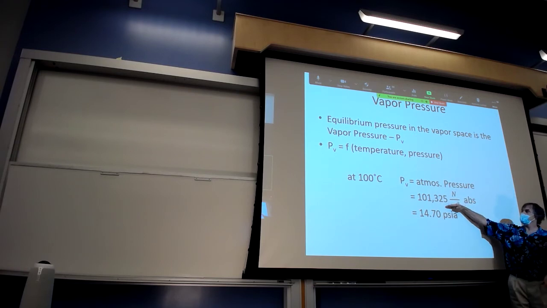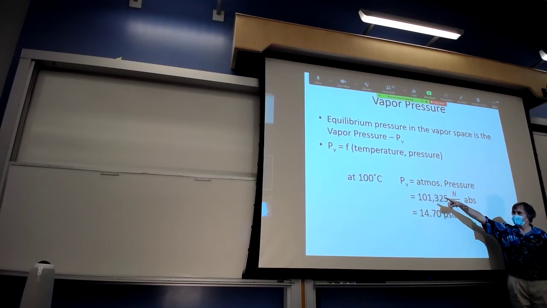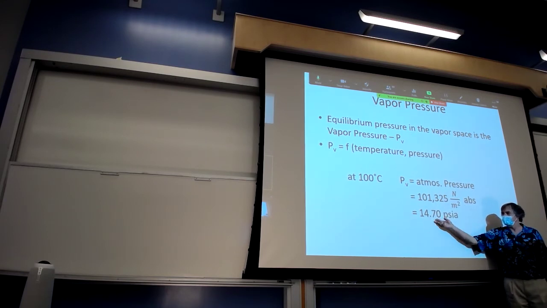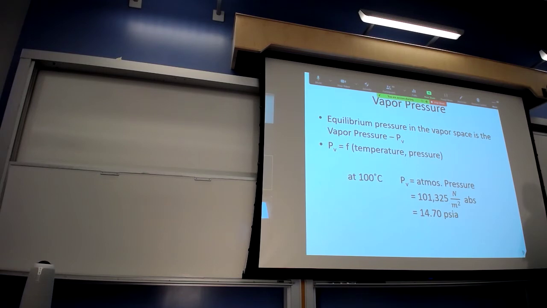So this is SI, our system of units. At 212 degrees Fahrenheit, you have this vapor pressure of 14.7 psi. The other way you could say that is the water would boil at 14.7 psia or 0 psi.